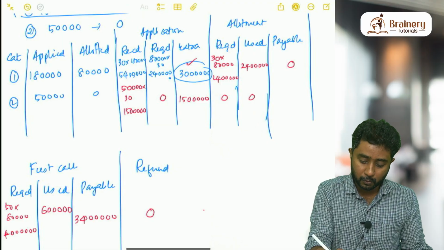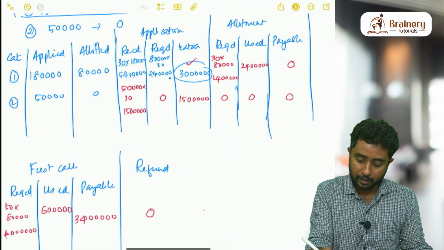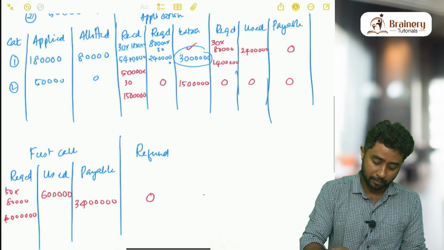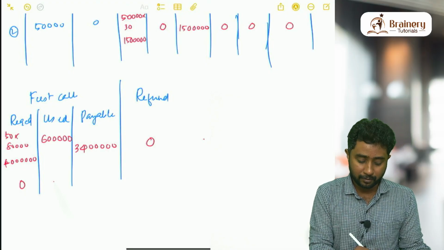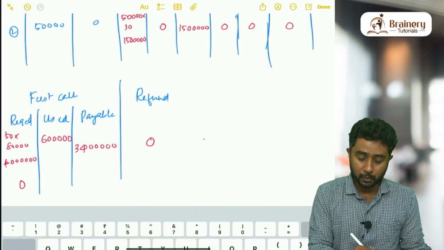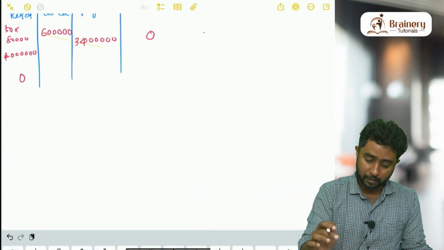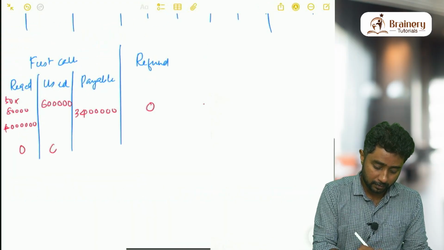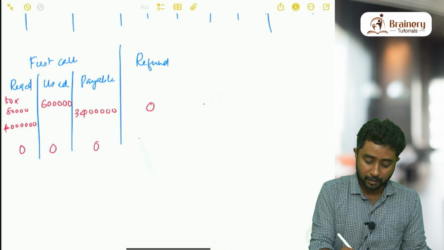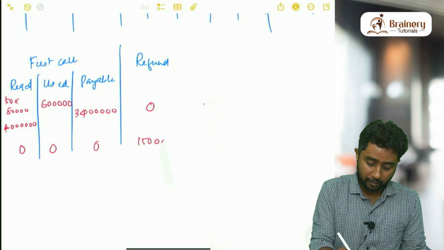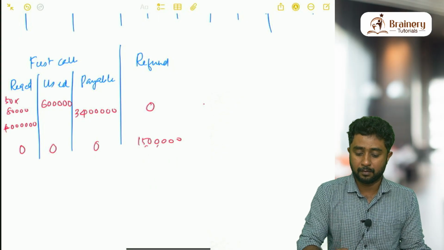We don't have to use any extra money for them, and they don't have to pay anything in the payable column. Similarly, when it comes to first call, we don't need any money from them, so the required column is 0. Used amount, we don't have to use any amount, so that is also 0. Next is the payable column, that is also 0. Refund is whatever they have paid, we have to refund, so that is also done.